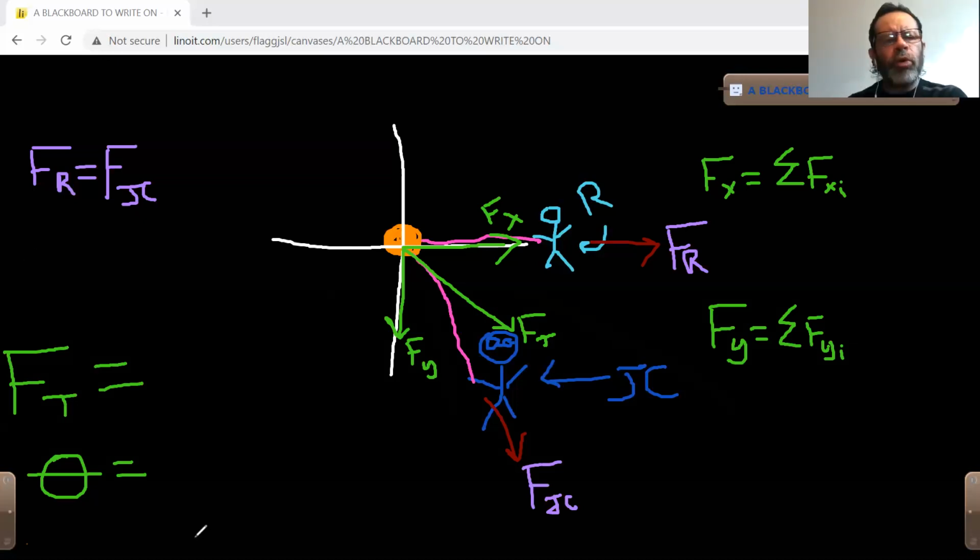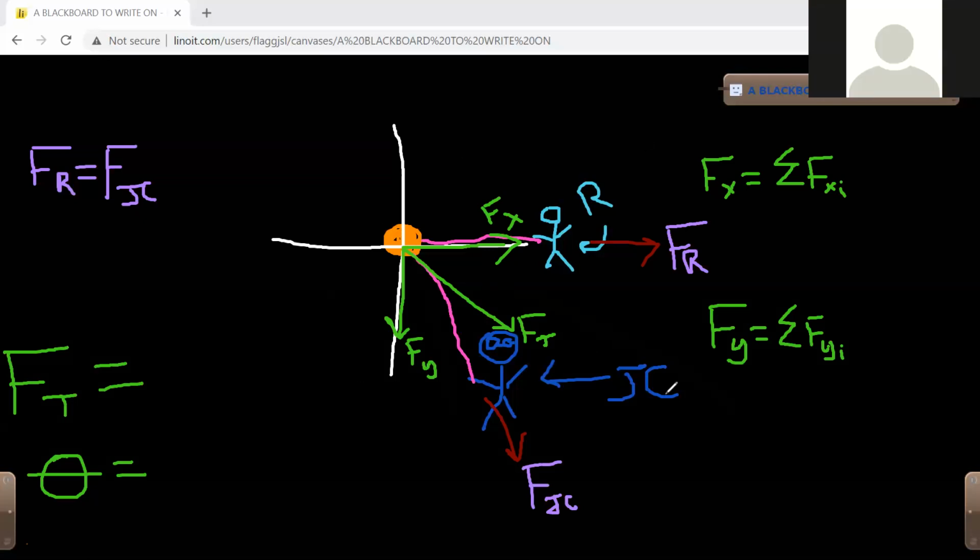So the total force is going to have an x component and a y component. And I need to find those. So how do I find those x and y components? Well, I need to look at the forces that are interacting here. So if I look along the x-axis, what forces do I have along the x-axis? You have the positive force of me pulling the ball.